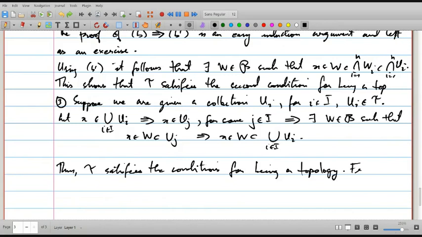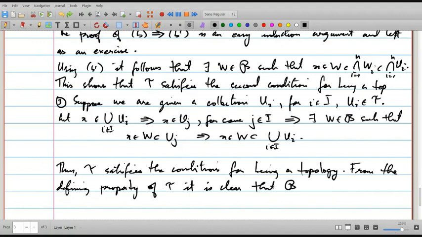And from the defining property of tau, it is clear that B is a basis for tau.